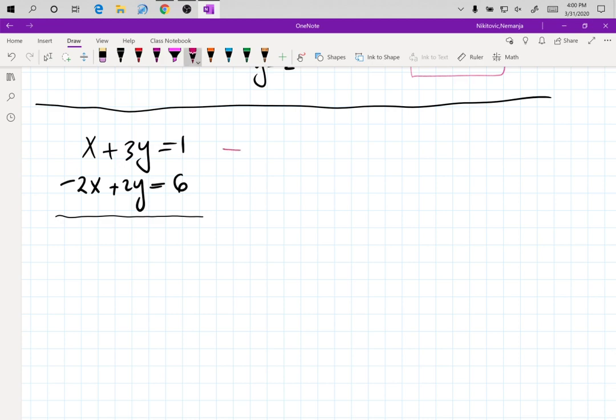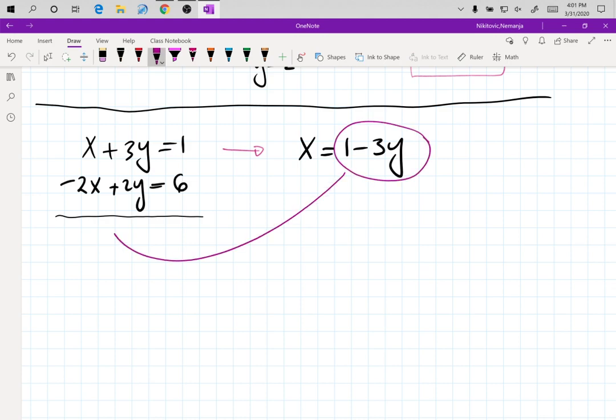So from the top equation, we are going to solve for x, which is 1 minus 3y. You subtract 3y from both sides to get rid of it. 3y is on the same side as x. We just need to move it so we get x alone, because the whole thing represents x, and we plug that into the next equation.